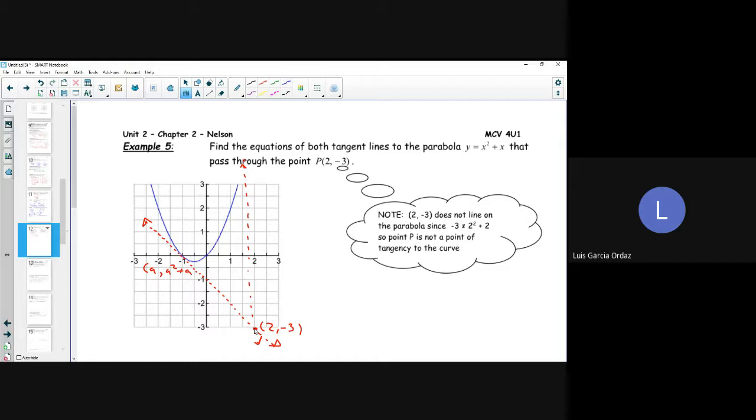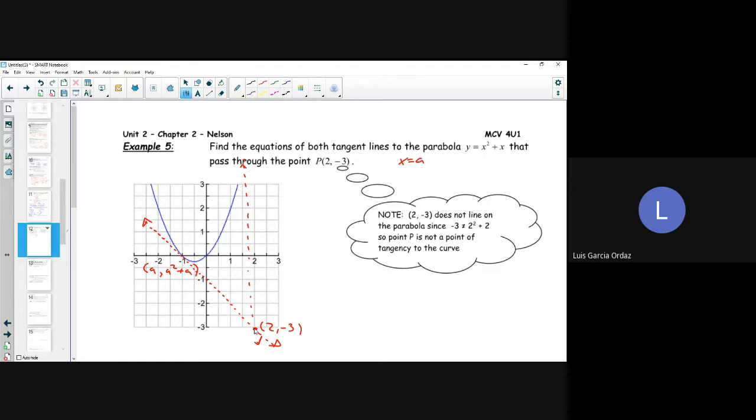Okay? The reason why the right side is A squared plus A is because I'm evaluating the function to see if there's a tangent at that specific point, we're using that specific function. Remember, x is equal to a. That's what we learned from limits.